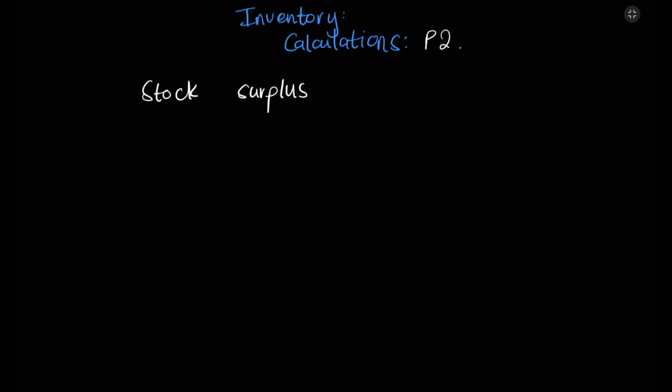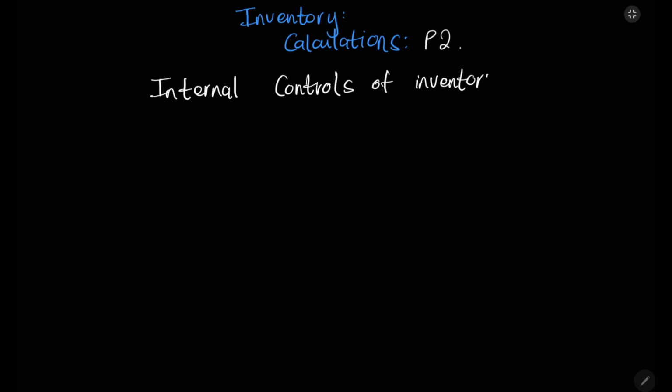Now let's discuss different internal controls of inventory. Okay, so internal controls, let me write this down. These are basically procedures that are used to protect inventory. Okay, in terms of the internal controls, let's say receiving inventory.